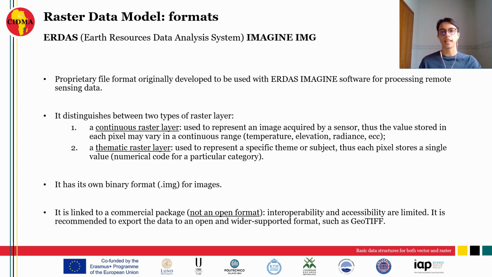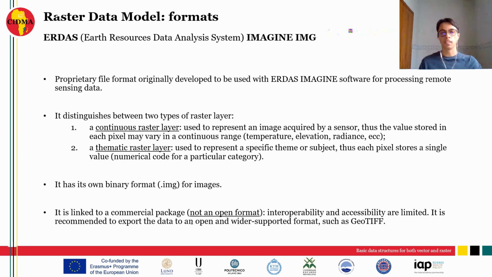We can say that the main characteristic of this format is that it distinguishes between two different raster layers. A continuous raster layer that is used to represent an image acquired by a sensor, and a thematic raster layer that is used to represent a specific theme or a specific subject.